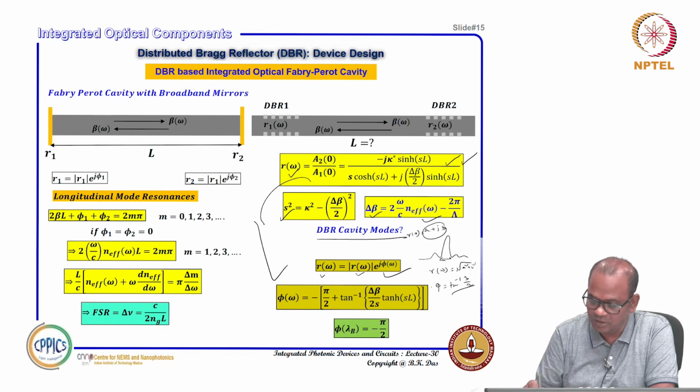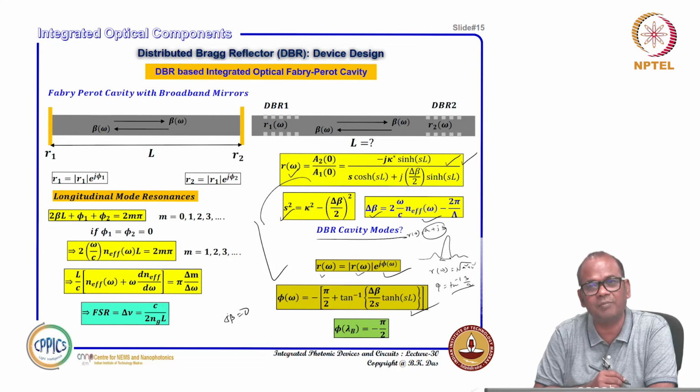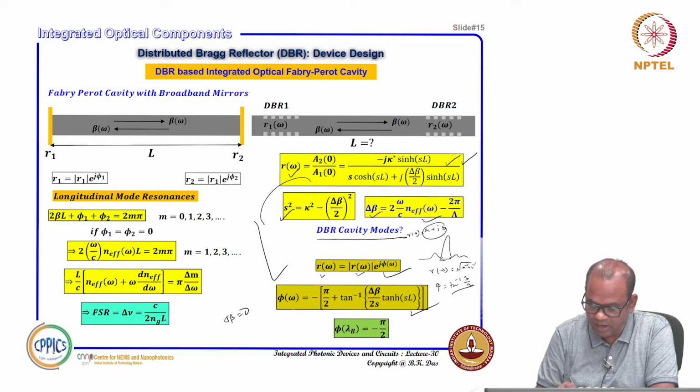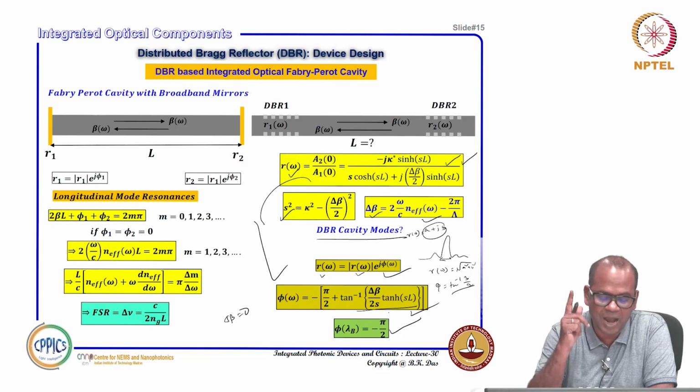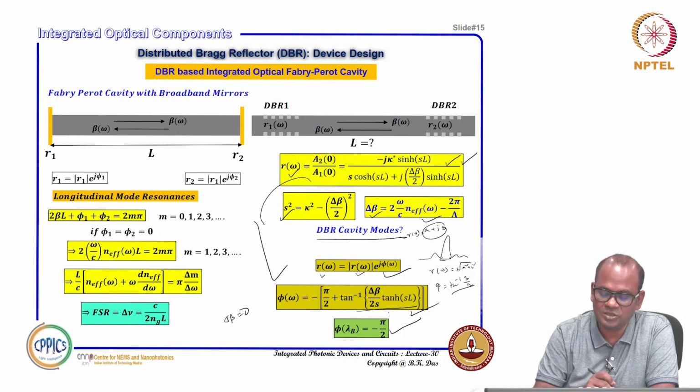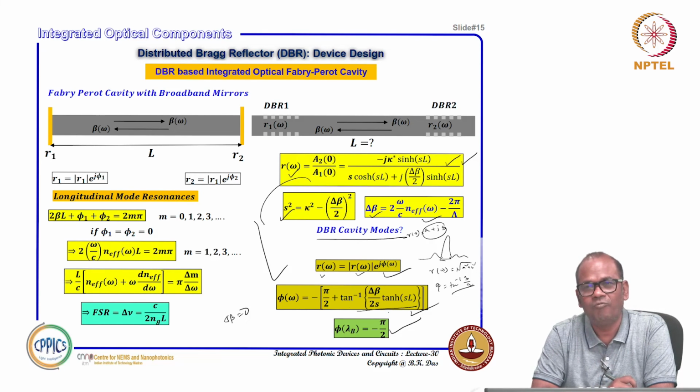This phase will have minus pi by 2 because of the minus j, and for the rest, it will be tan inverse of delta beta by 2s tanh SL. And when delta beta equals 0, that means exactly at the Bragg wavelength, phi at lambda B will be just minus pi by 2. So, exactly at the Bragg wavelength, the phase change in a mirror is minus pi by 2.